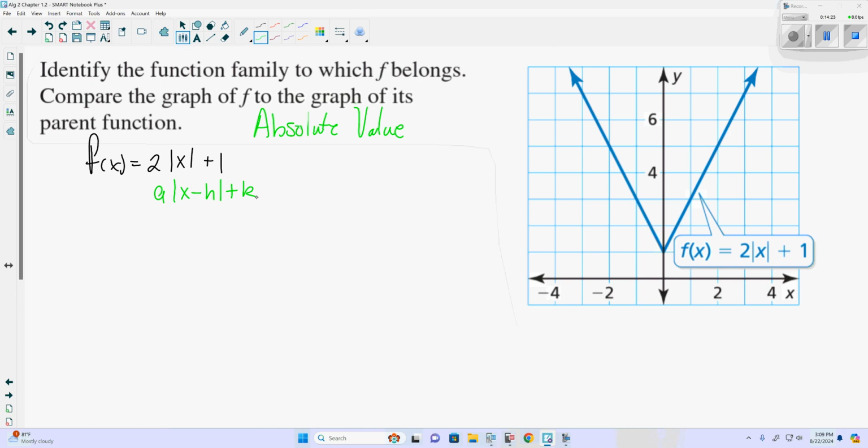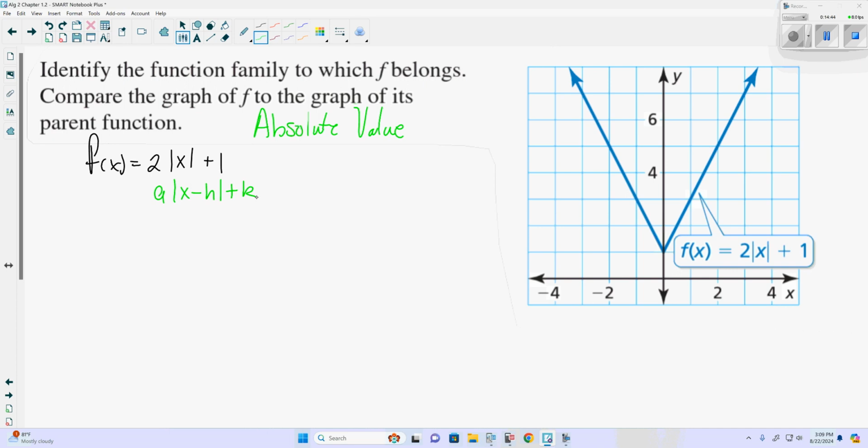So why don't they just say identify the parent function? Identify the function, the family to which f belongs. So it's the absolute value. The parent function for the absolute value is just the absolute value of x. All the others are other iterations of it.